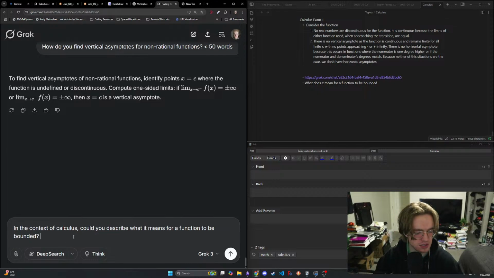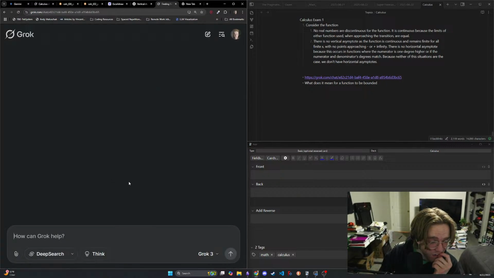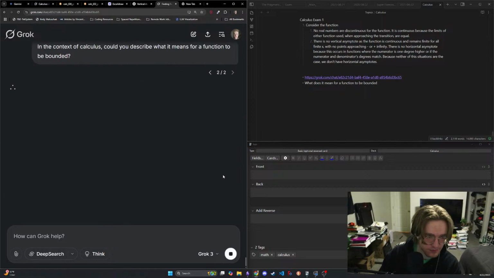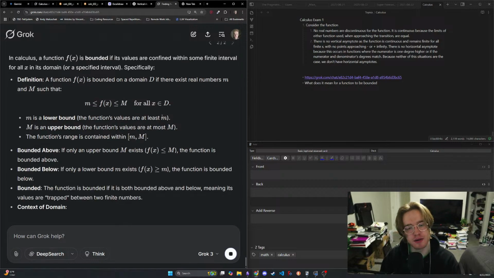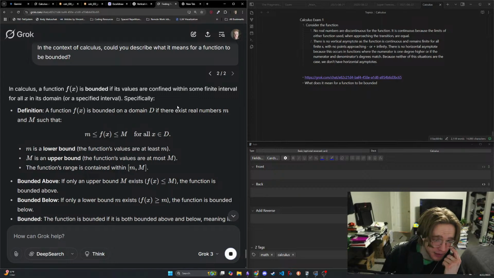Okay, in the context of calculus, could you describe a bounded function? A function is bounded if its values are confined within some finite interval for all x in its domain, or a specified interval.